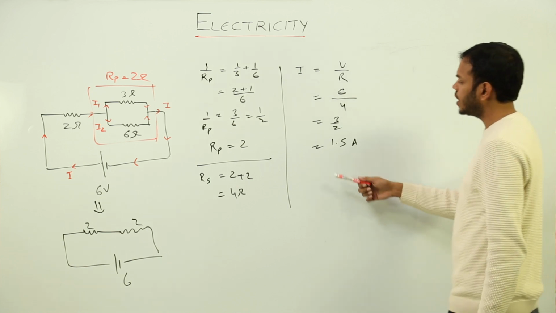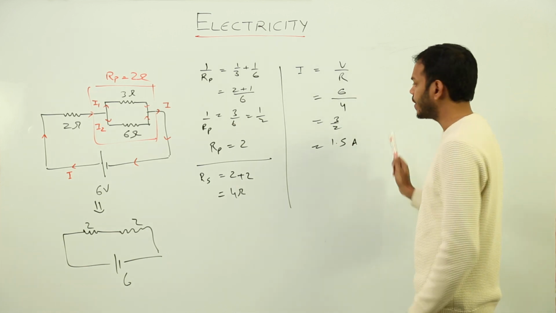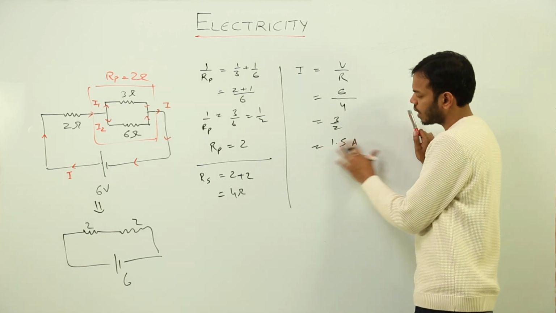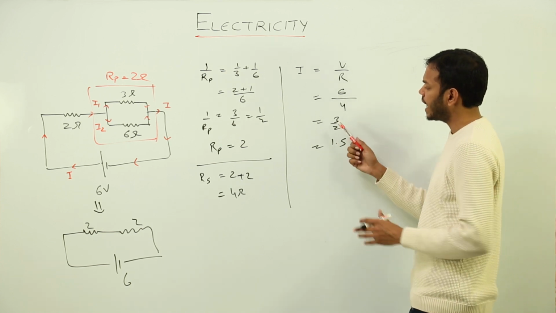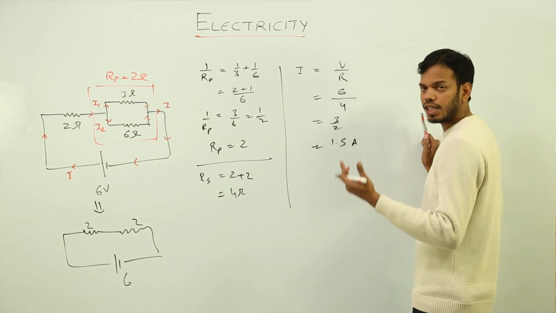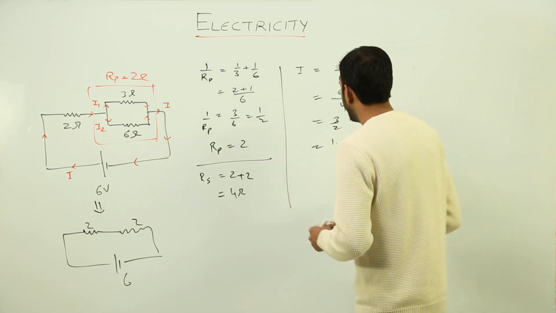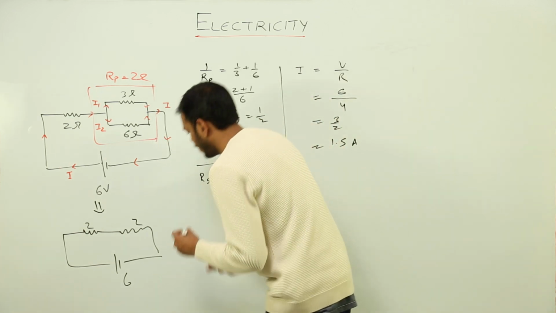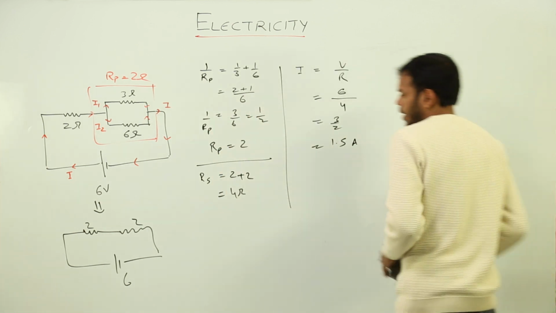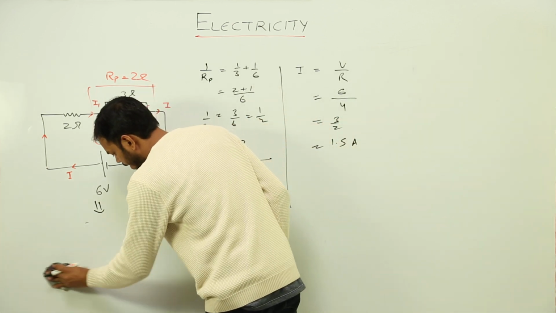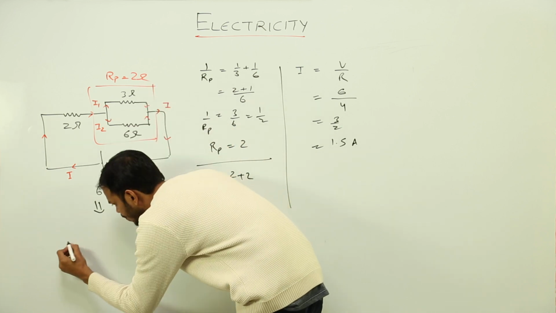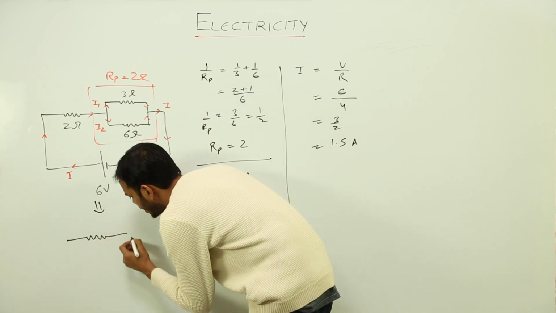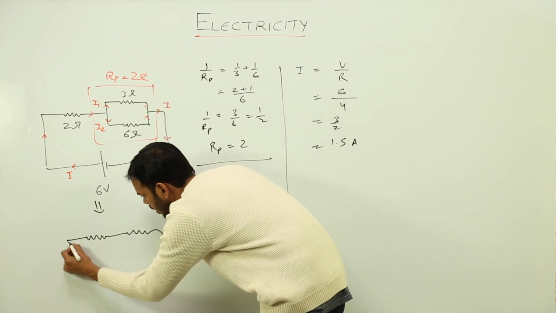We can solve further using this value or that value. Anyways, I will try to neglect the decimal thing. I am going to use 3 by 2 only. It just eases the calculation. Now see what actually is happening. When I redraw the circuit, it is easier to explain the distribution of voltage in the circuit.